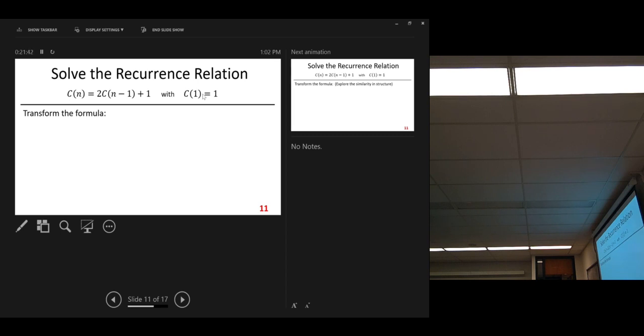The left-hand side and right-hand side have different structures. So we want to explore the similarity of the structure, meaning the left-hand side and right-hand side should have a similar structure. If they do not have similarity, we try to make that similarity.